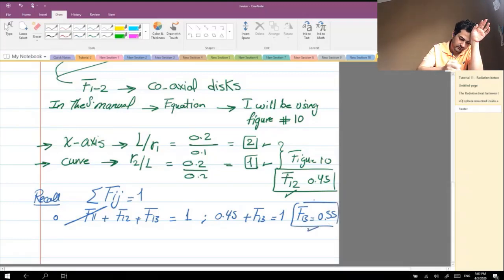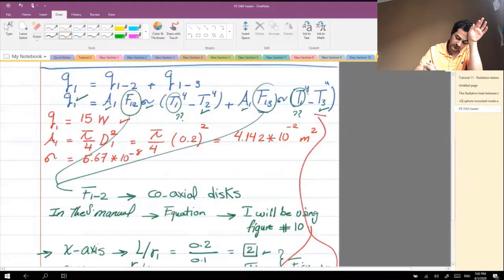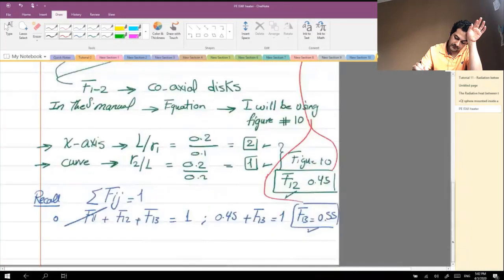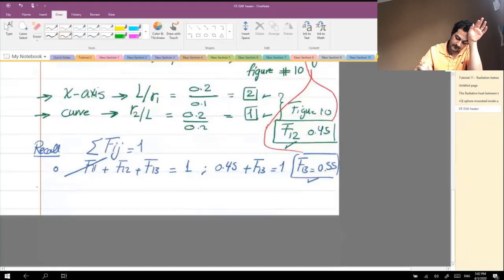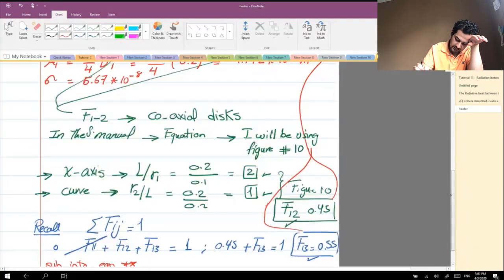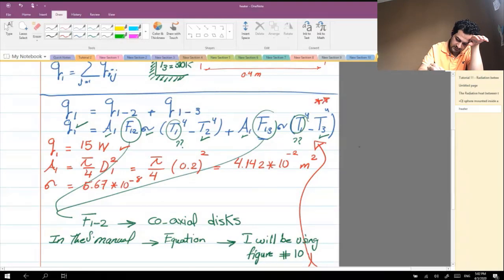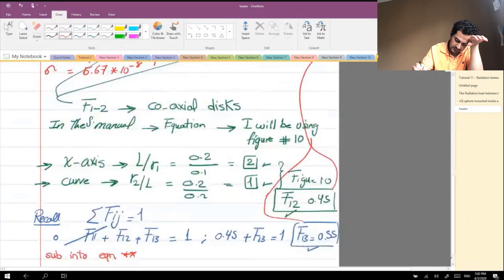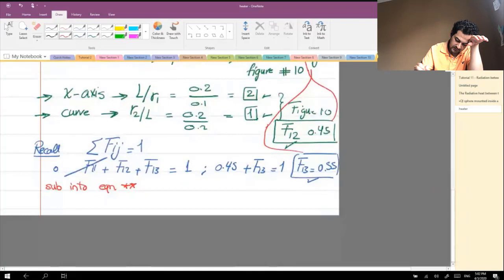So you use both of those and substitute into this equation. Let's name this equation double star, right? So substitute in double star, and you're going to find out.